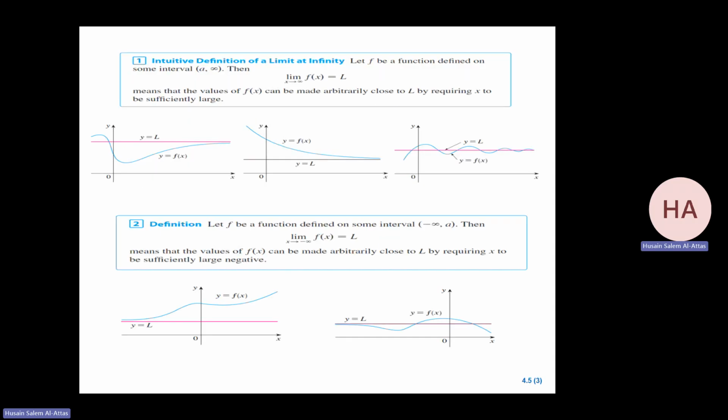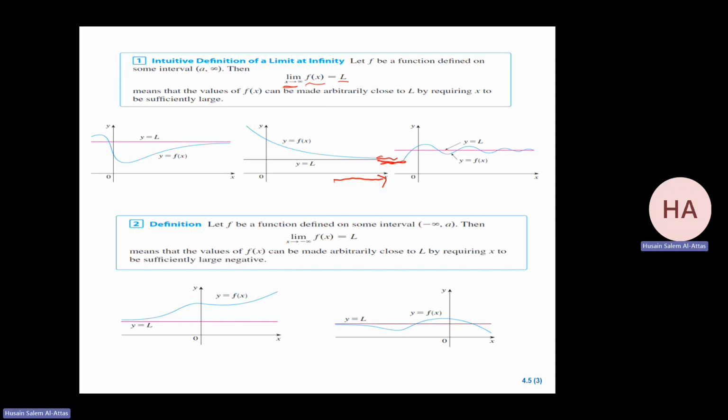So what is the meaning of this? I want to check the behavior of the function as x goes to infinity, as x increases without bound. The behavior of the function is that the value of the function becomes close to this value L. So we say that the limit of the function as x goes to infinity is equal to L. It can come from above or from below, or go up and down.